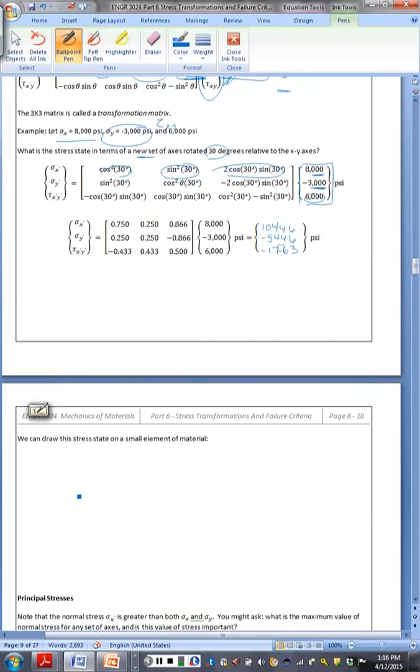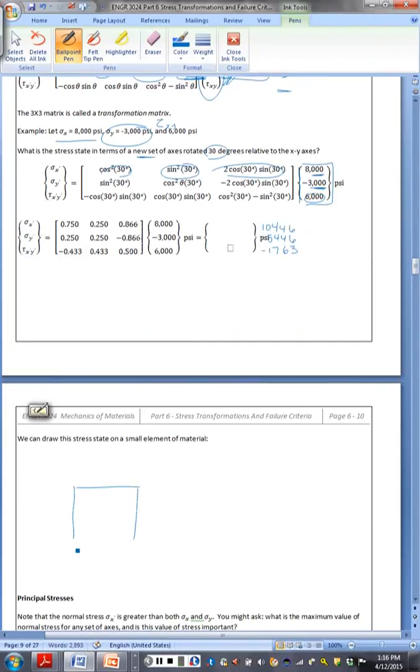If we look at this, the original is our sigma x of 8,000 psi tension, sigma y 3,000 psi compression, and a shear stress of 6,000 psi.